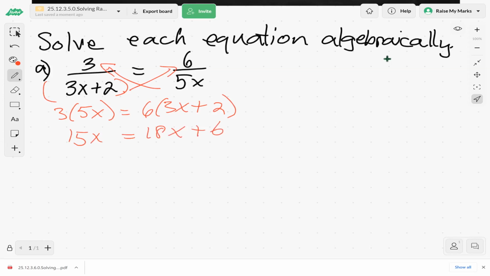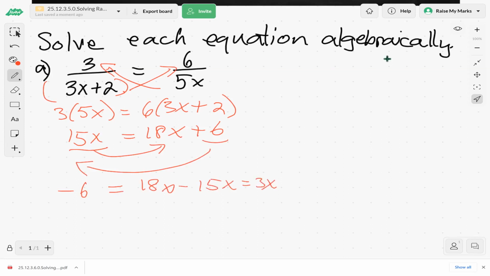Now let's solve for x. All right, so we're going to bring 15x over to the right-hand side and the 6 over to the left-hand side. So we have negative 6 equals 18x minus 15x, which is 3x. So what does this give us? Looks like I made a mistake. Sorry about that.